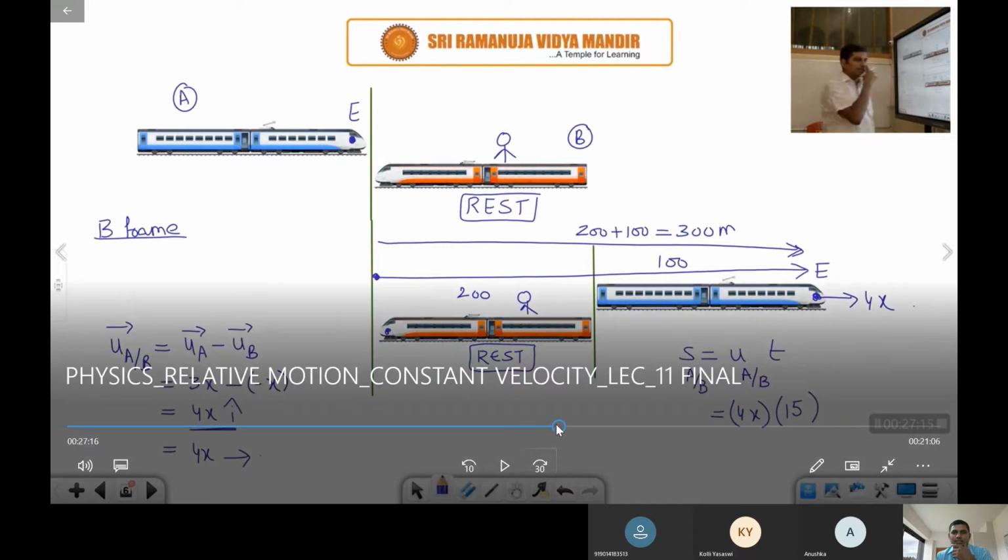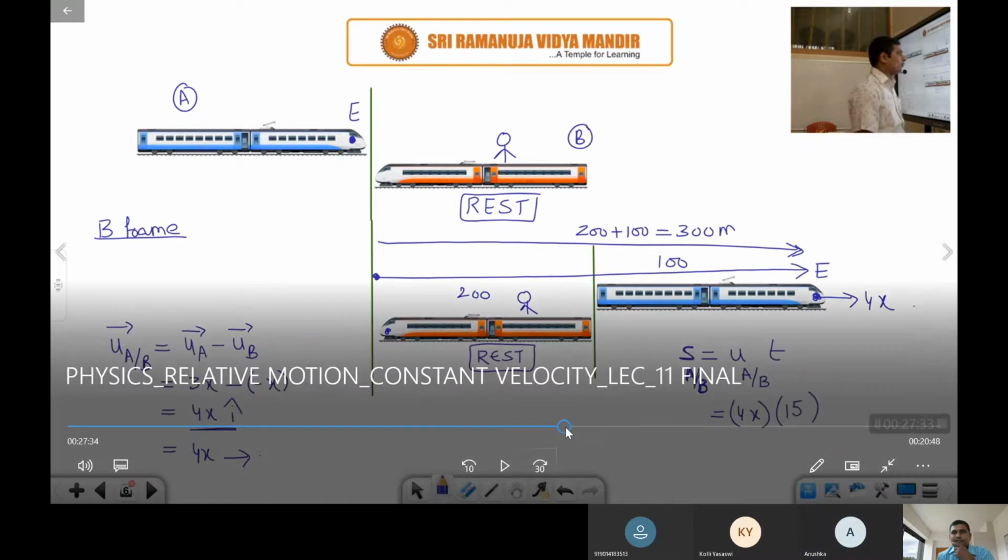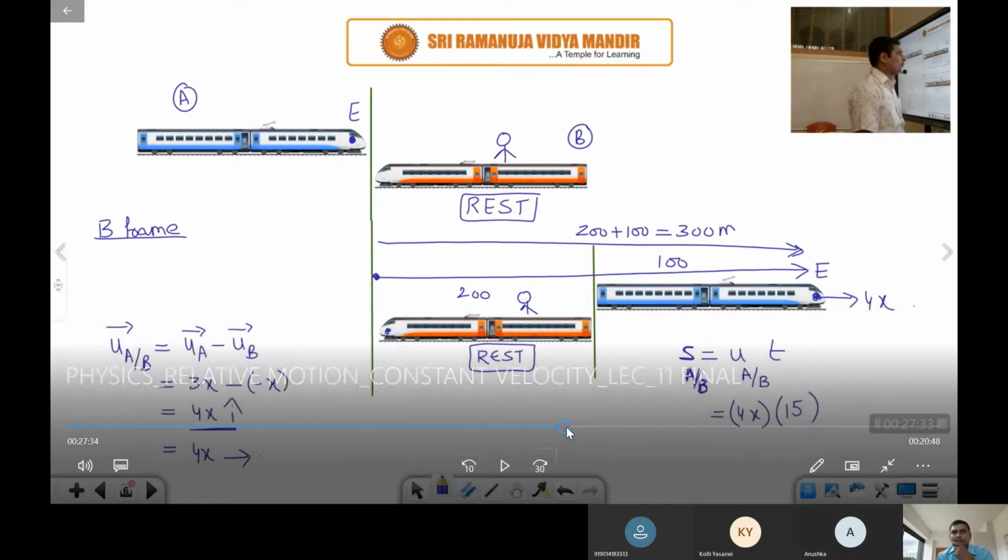So now in this equation, what is S? We got 300. And what about U? You are standing on which frame? B. And B is observing which train? A train.